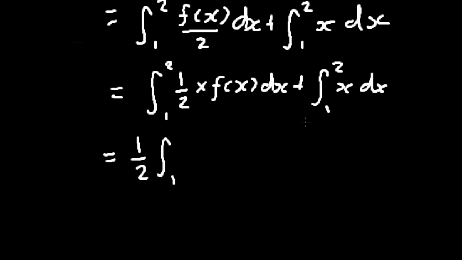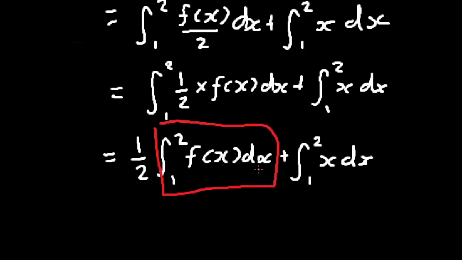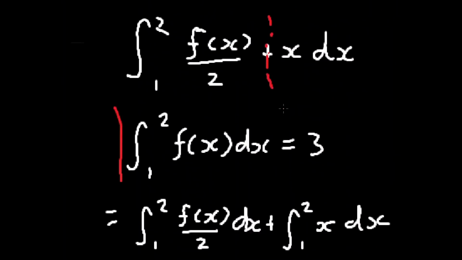So the hardest bit is just to get rid of this unknown function f of x. And now we can see that we've got an exact match, right? We've got this exact match here with what we're given.